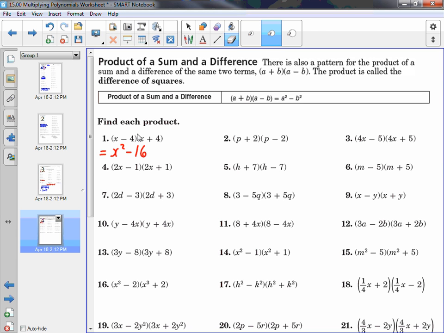Okay? Now, the variable doesn't have to be in front. Look at number 8. It's still a sum and difference of the same two terms, okay? So it's still the first term squared. 3 squared is 9. Minus the second term squared. What do you get when you square 5q? 25q squared.